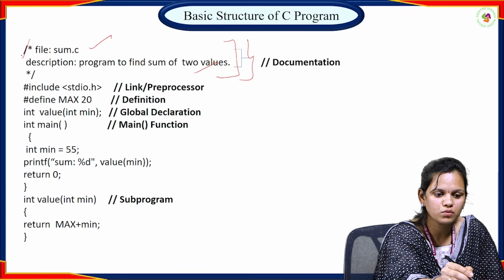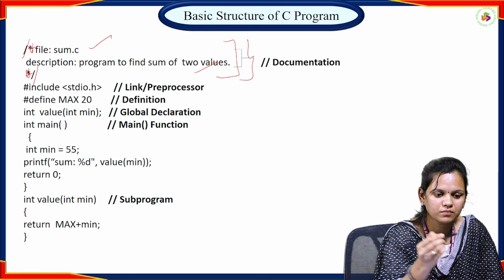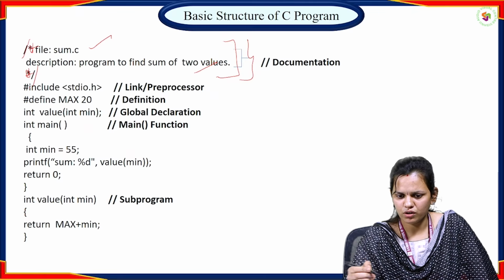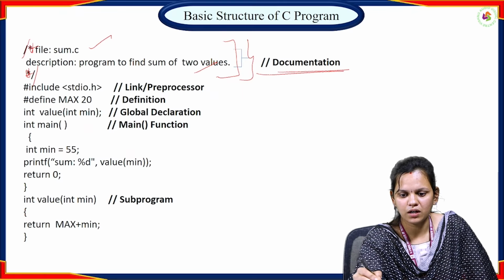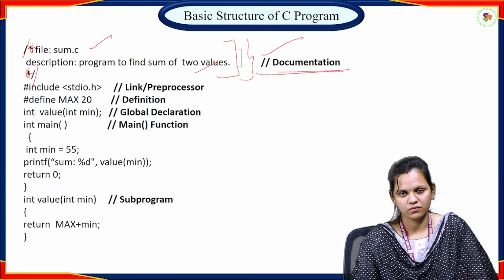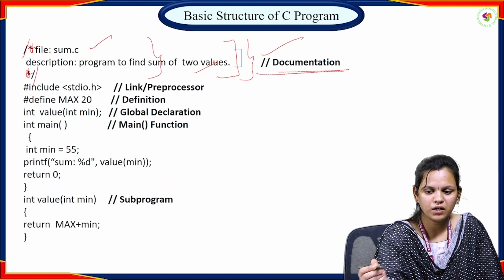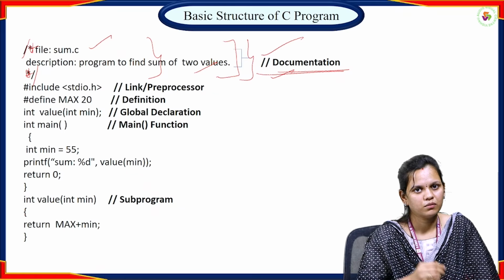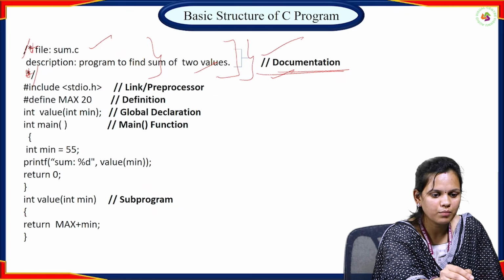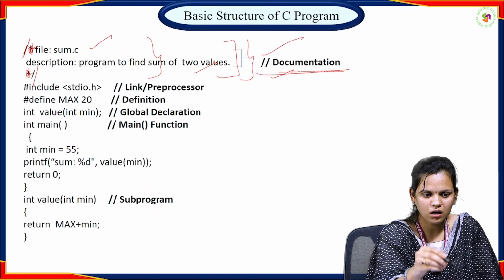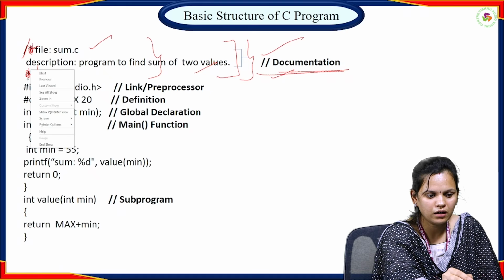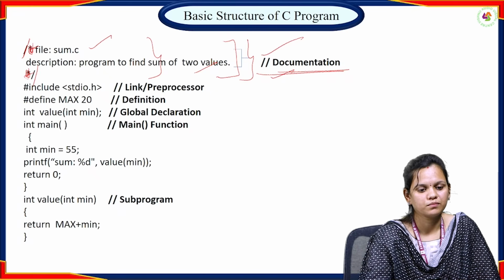So I have used a multi-line comment. If I want to write only a single line comment, I use 2 forward slashes. So this is a multi-line comment and this is a single line comment. As I said earlier, multi-line comments start with /*, write down the comments and end the comments with */.